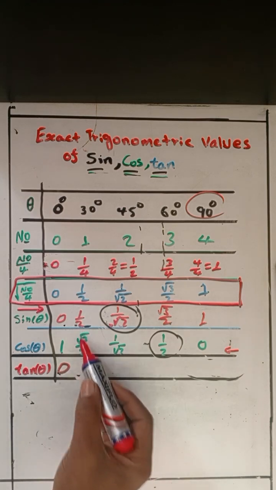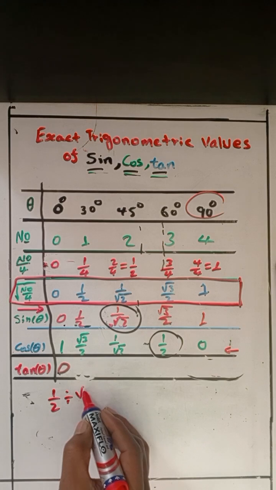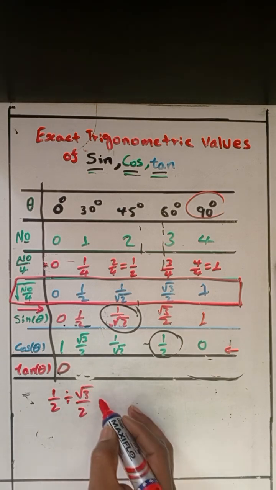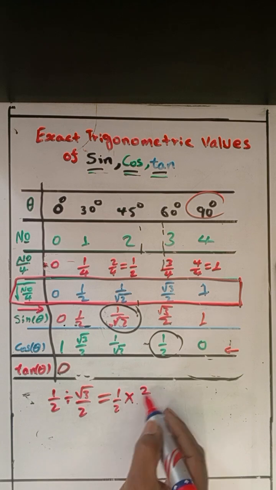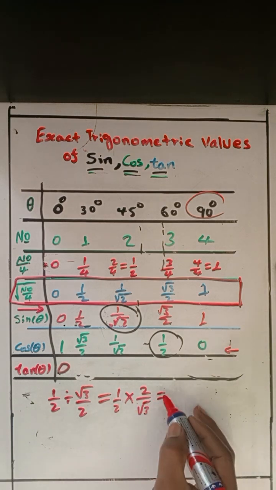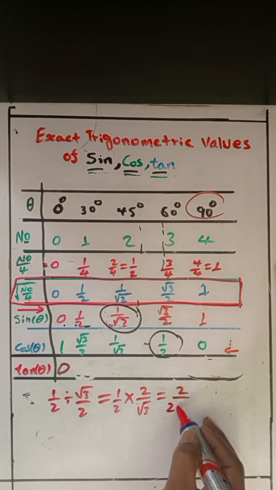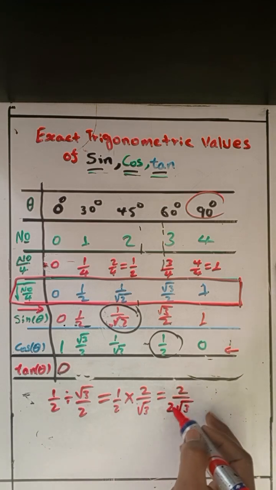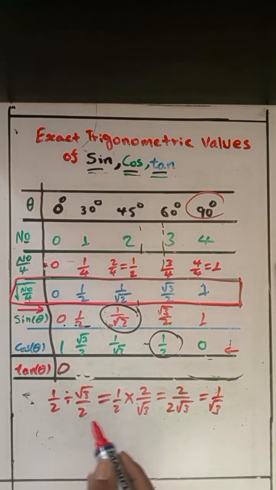In the second case, 1 over 2 divided by root 3 over 2 is equivalent to 1 over 2 times 2 over radical 3. Then we get 1 times 2 over 2 times radical 3. Then 2 divided by 2 is 1, so in the end we get 1 over radical 3.